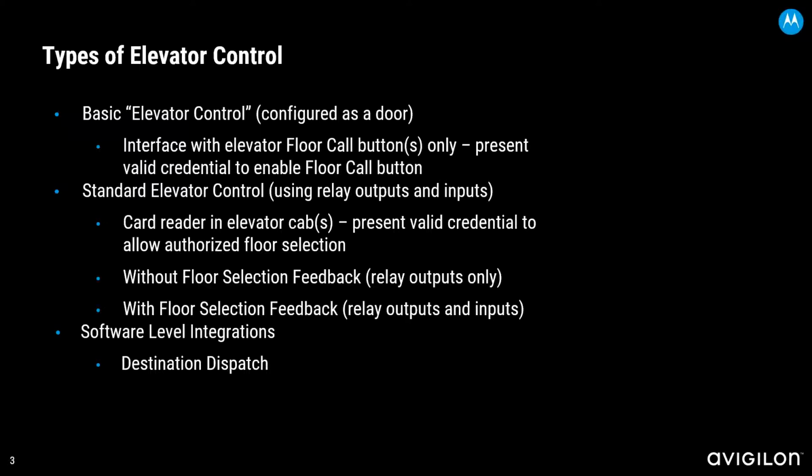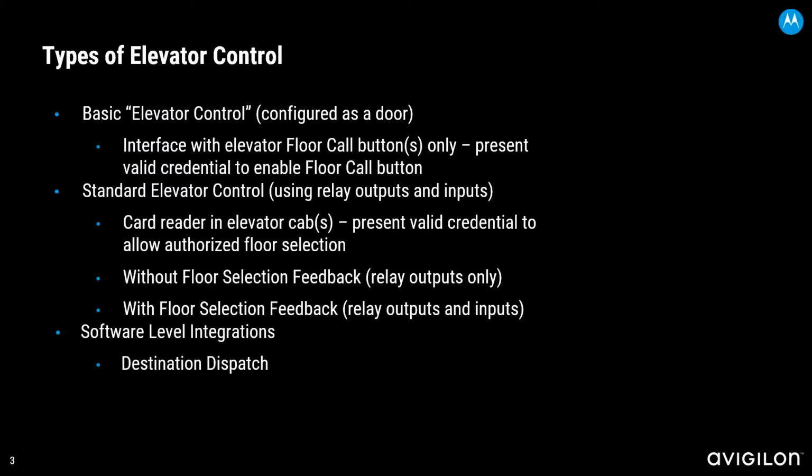So let's start out. We'll talk about the types of elevator control. You'll notice that the first type that I listed, I called it basic, and I put elevator control in quotes because I don't really consider this true elevator control, but it still is a valid means of controlling an elevator.